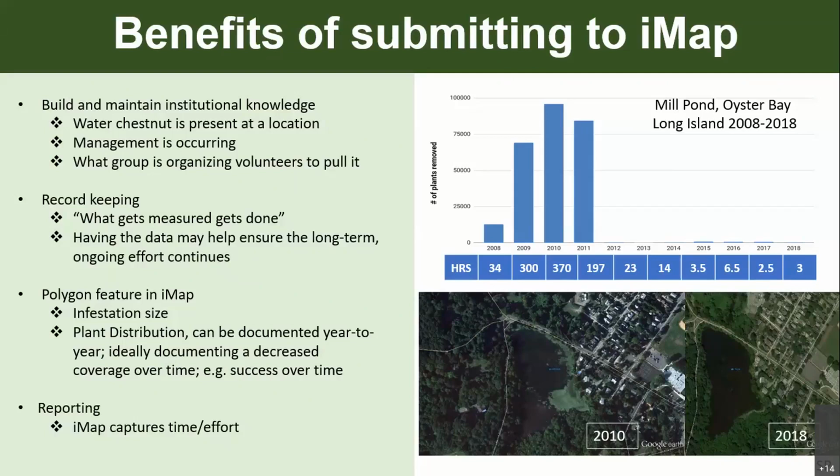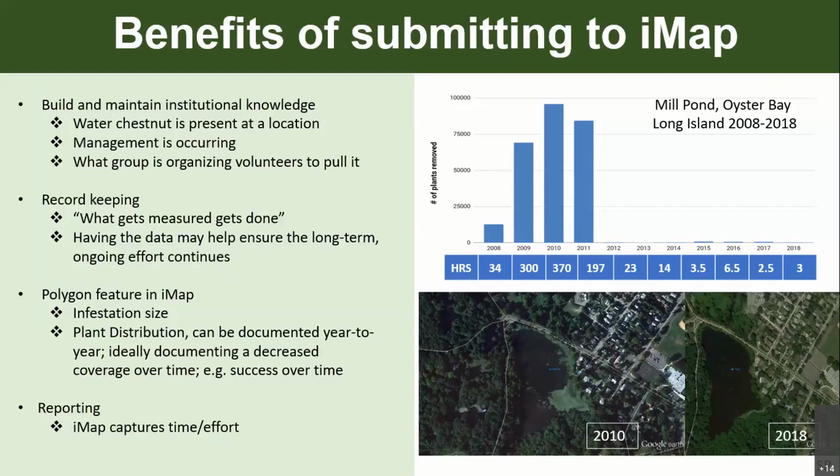The figures on the right, both the table, the aerial photo on the bottom and the bar chart on top, can show how that effort, when expended early on in a management project, can really pay off for later years.